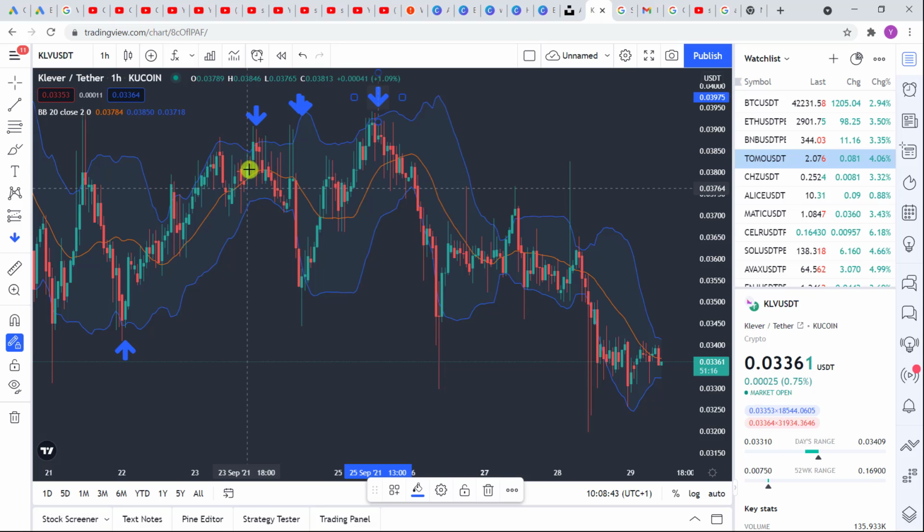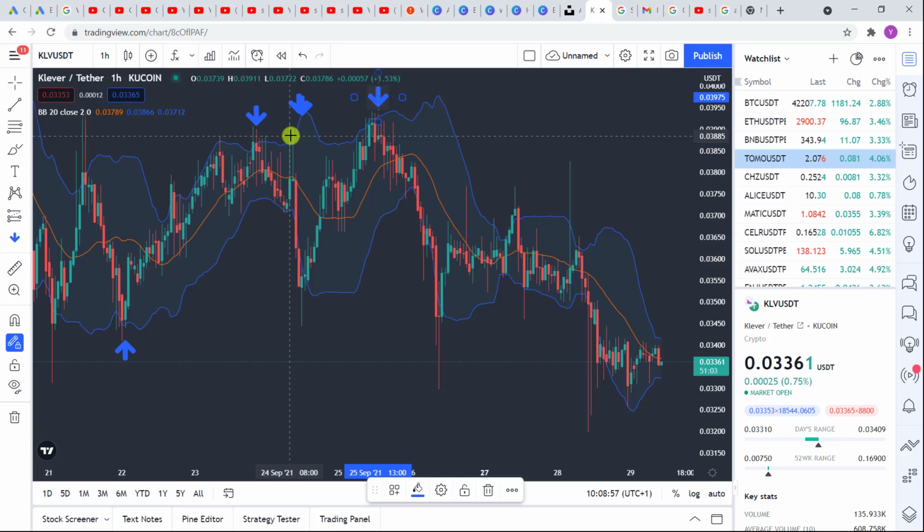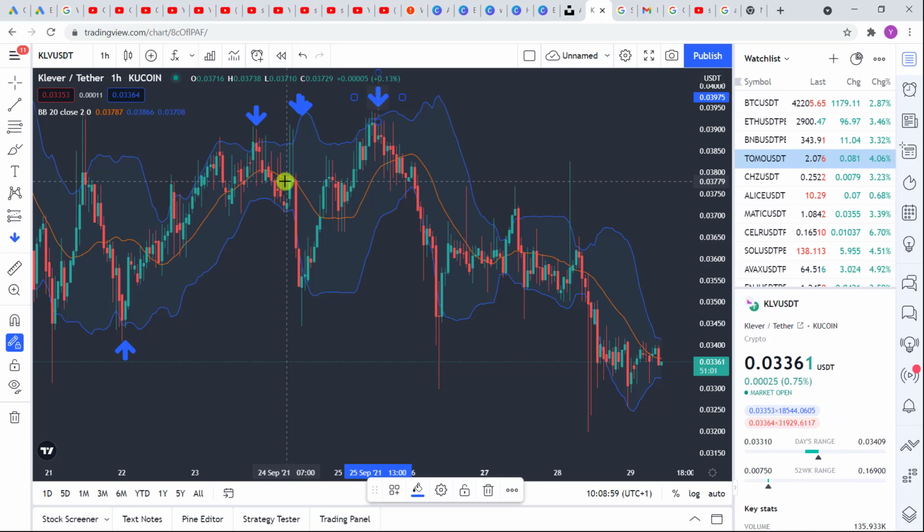And it looks like the market went up for some time and it got rejected here, and we have a downtrend again. And at this particular point it was trying to go up, but it couldn't close above the middle band. It got rejected around that place.